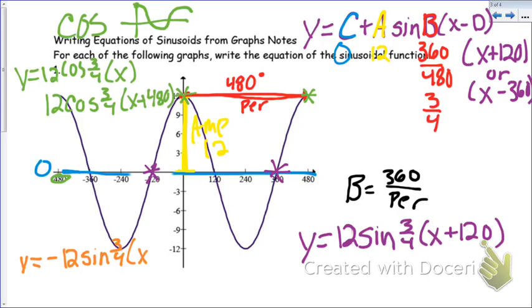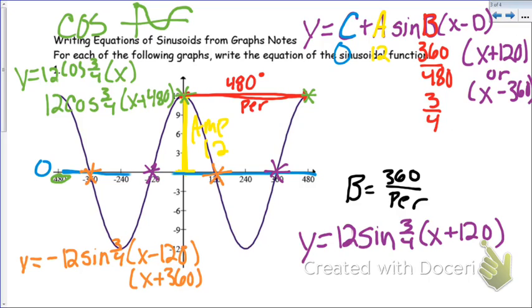But if I write it as a negative number, I'm looking for a middle point from which my graph goes down. There are two locations for that. I could use negative 360, or I could use 120. So I could write my equation this way, or I could keep everything the same and write my equation like this. What's important for you to realize is that no matter what you use for your phase shift, C, A, and B are not going to change.